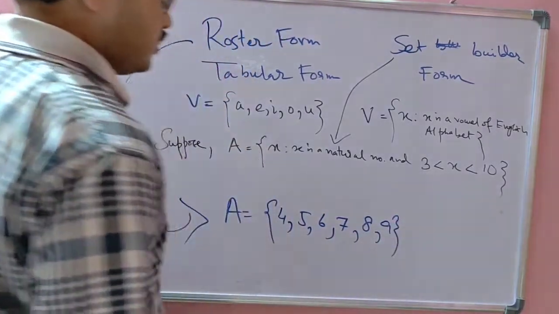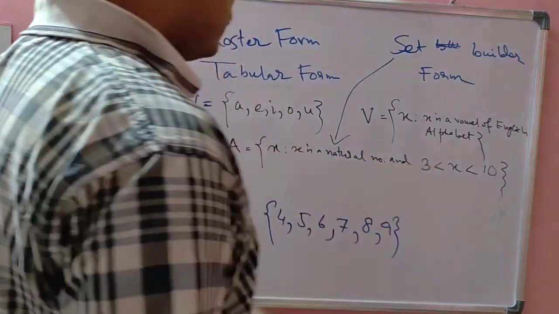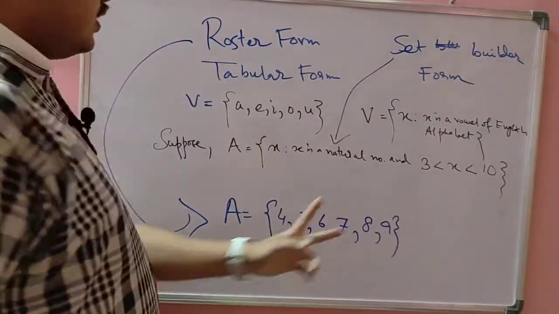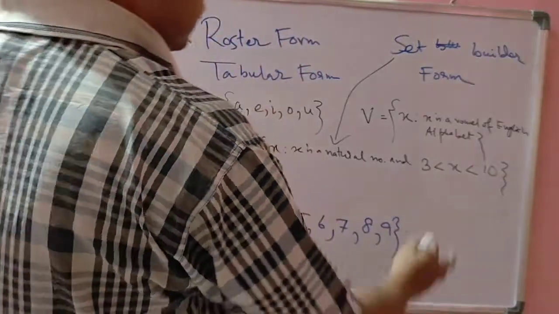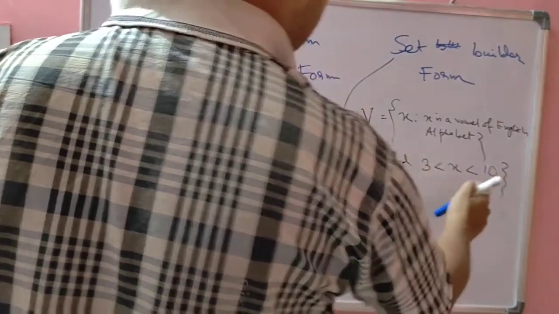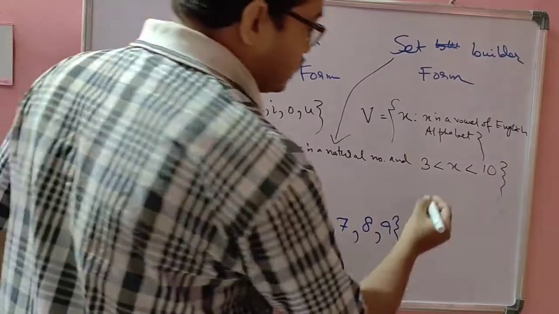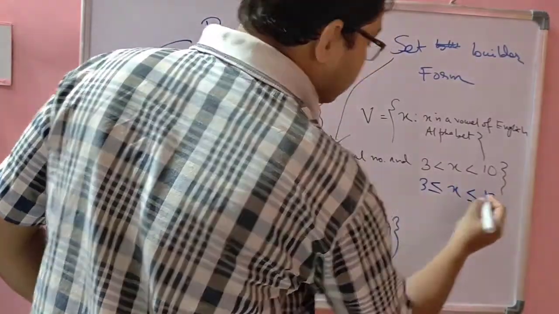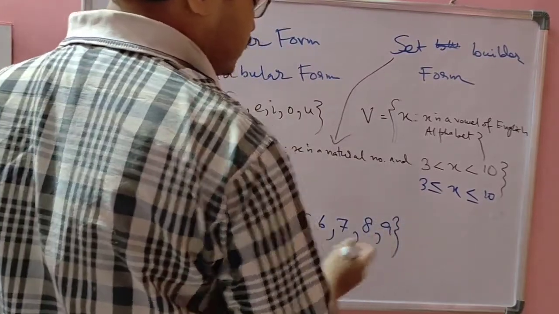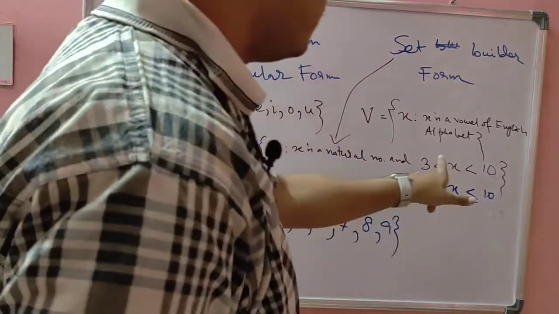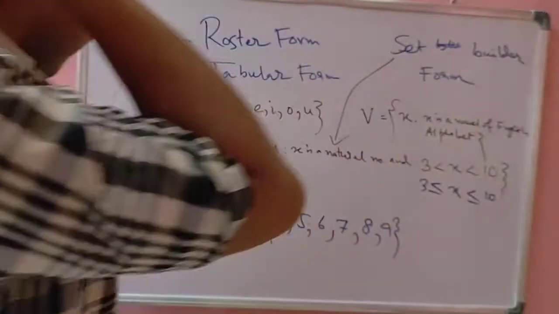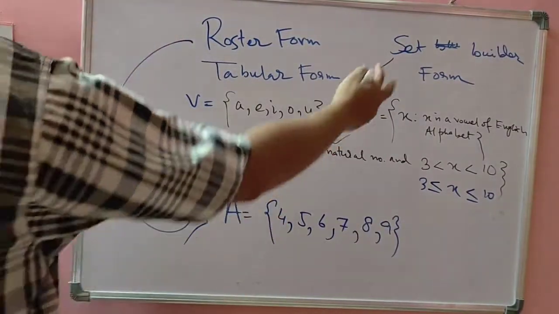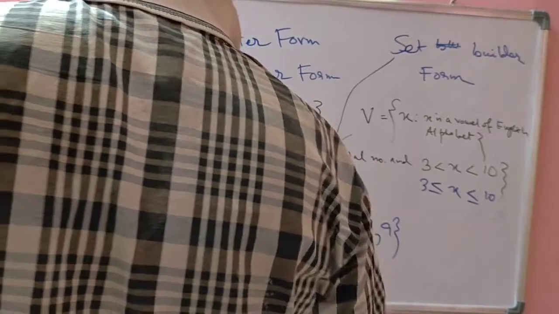These are all natural numbers between 3 and 10. 3 and 10 cannot be used because the symbol is only less than, not less than or equal to. If that symbol were used, then 3 and 10 would be included in this set, but as only less than is used, we take from 4 to 9. Okay, this is set builder form and this is tabular form.